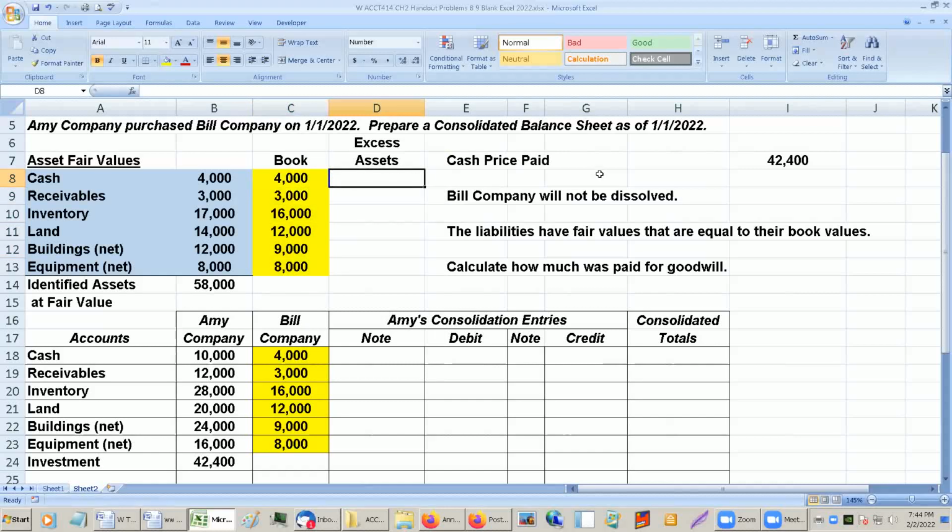All right, so see if you can figure out what the excess assets are.